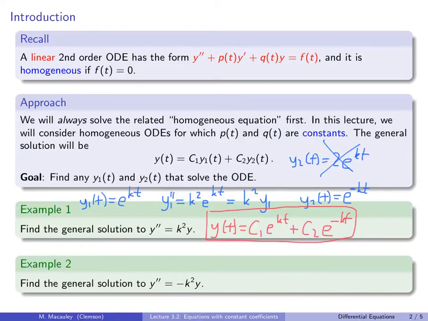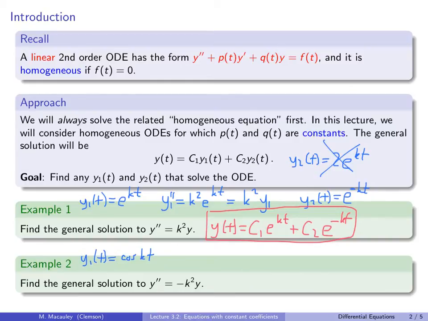What does that remind you of? How about cosine and sine? So let's check. y1 of t is cosine of kt. Well, let's take two derivatives of this.